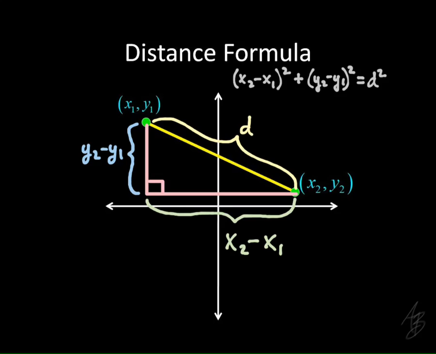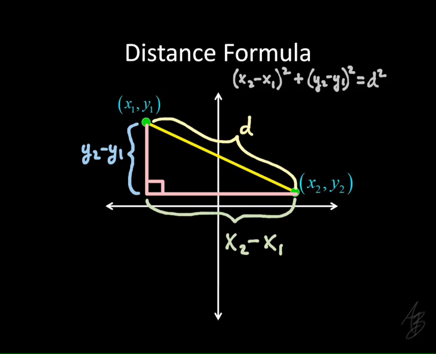Now this is really close to what we're going to call the distance formula. Now this isn't quite a distance formula yet because we don't have the distance by itself. What can we do to get D by itself here? Take the square root. So the distance formula is really going to be the square root of all of that.